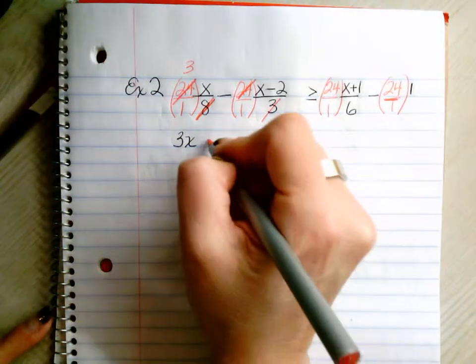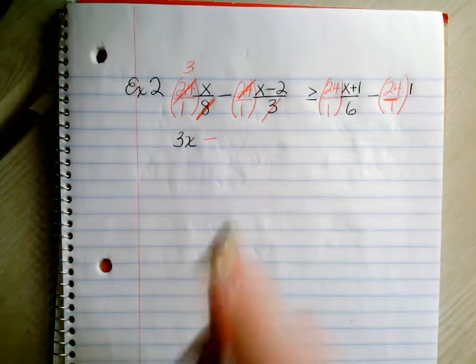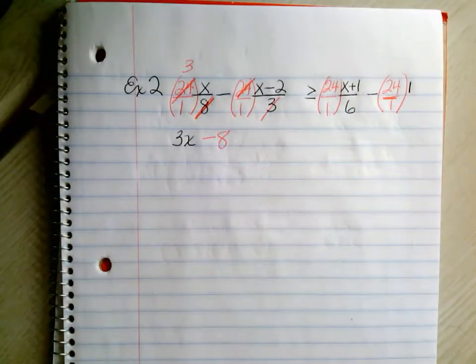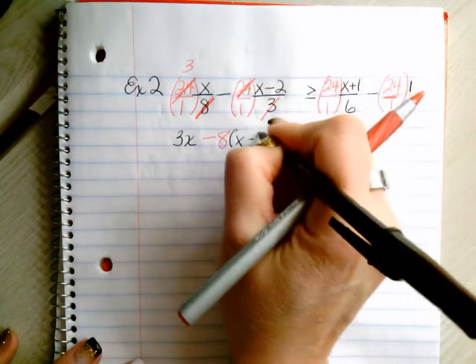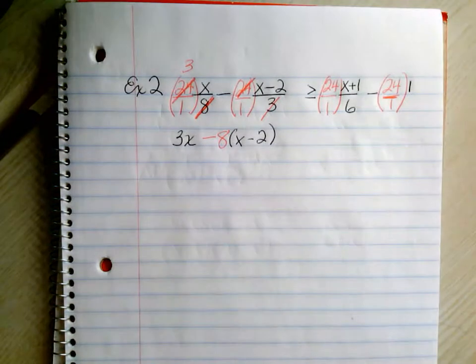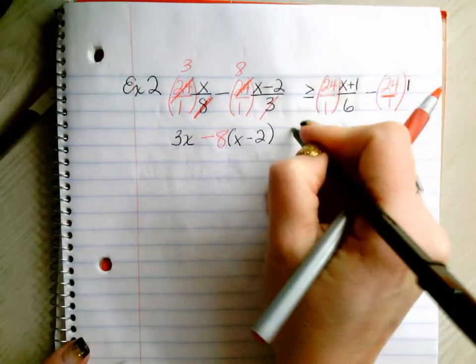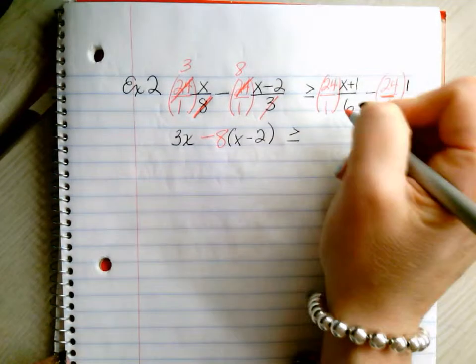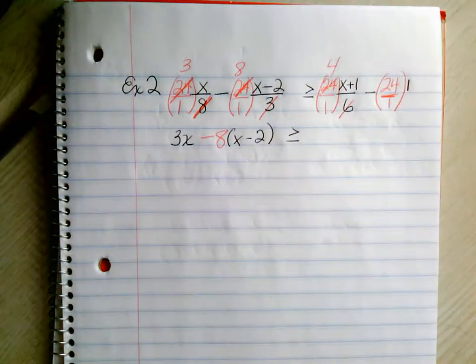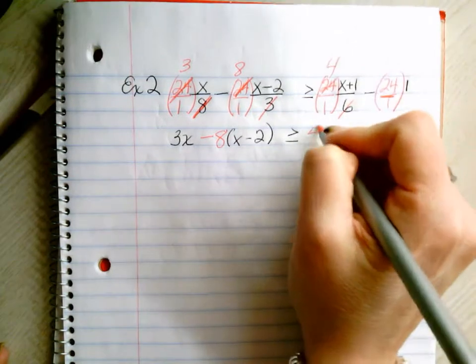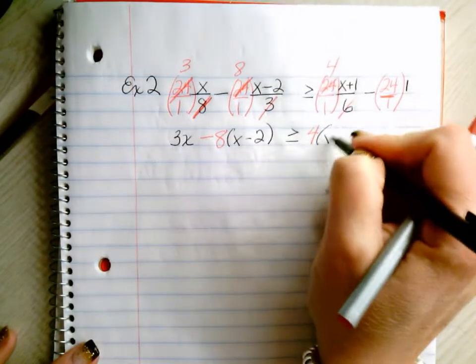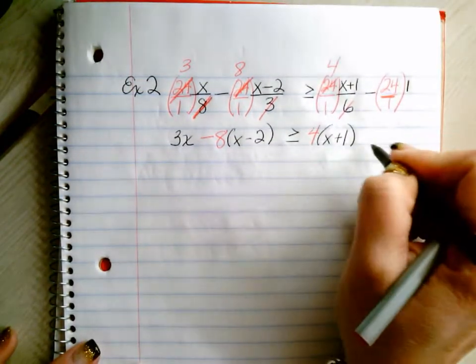So now I have negative 8 times x minus 2. I'll deal with that in a minute. Okay, because that became an 8. Greater than or equal to 4 times x plus 1. I'll deal with that in a minute. I just want you to see where I'm at.